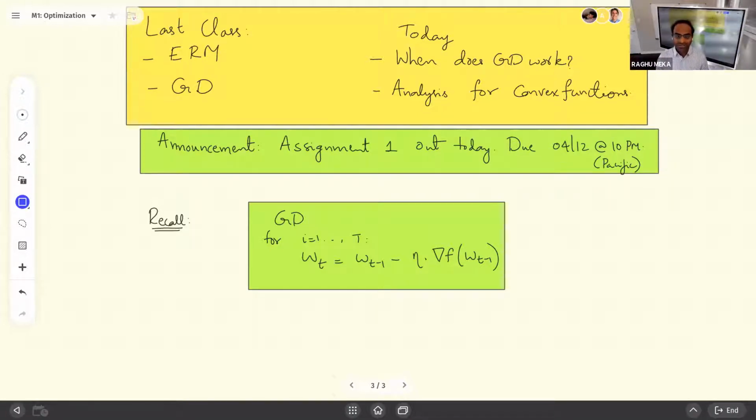Nevertheless, this analysis is very important, because many of the techniques used on deep networks, such as accelerated gradient descent, the way you set step sizes, and the way you decide stopping criteria, were all developed first for the simpler functions that we look at.